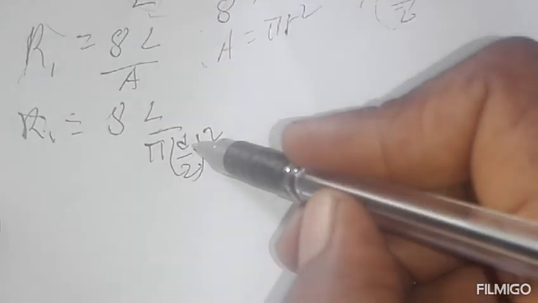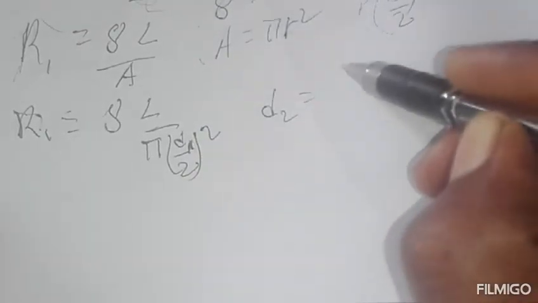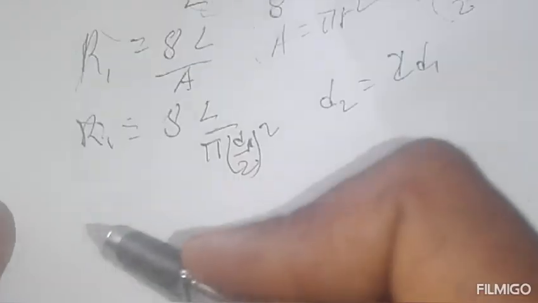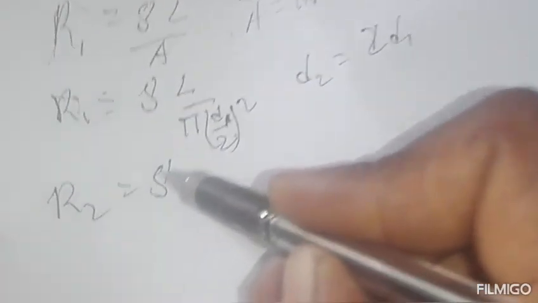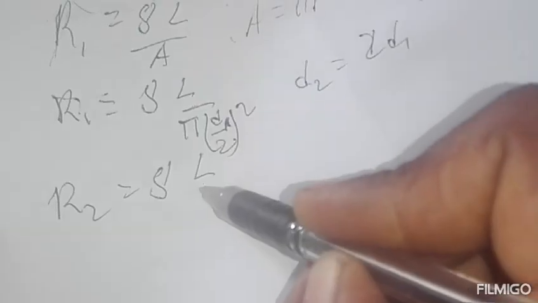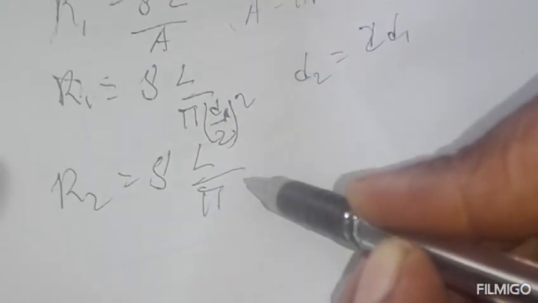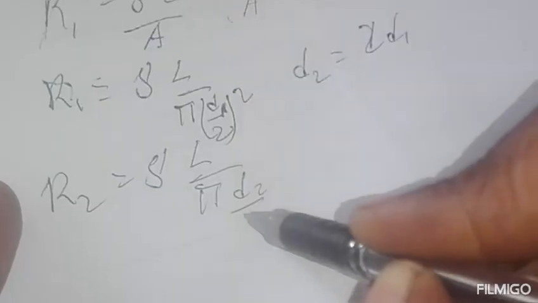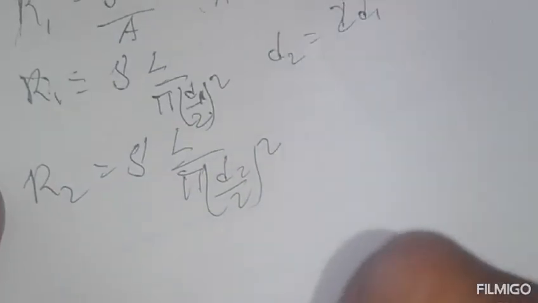Since this one is diameter 1, diameter 2 is equal to twice of diameter 1. So you have to substitute. Resistance 2 is equal to resistivity of the material times length of the wire over pi times diameter 2 over 2 the whole square. Clear?